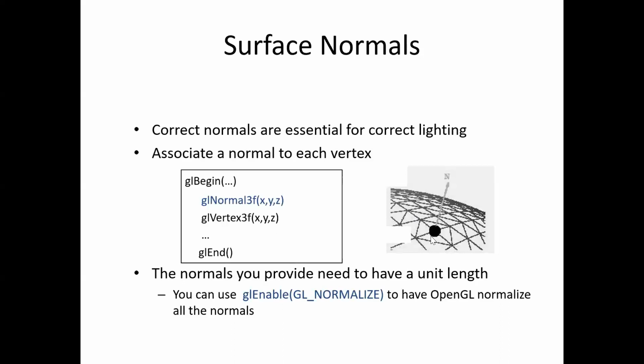The normal to the surface is represented by the line perpendicular to the vertex or point of a polygon surface. Correct normals are essential for correct lighting, because all the surface normals are considered while giving different shading or color codes to the object.